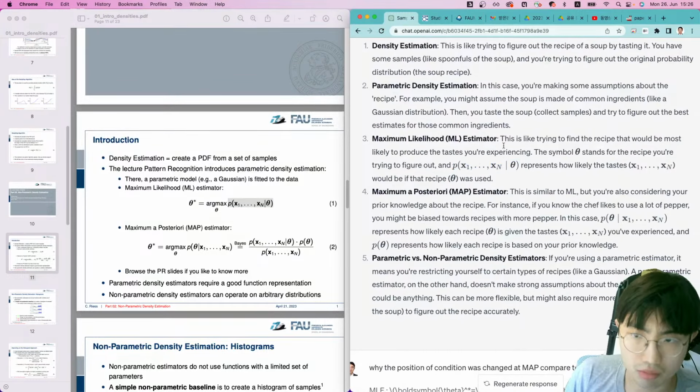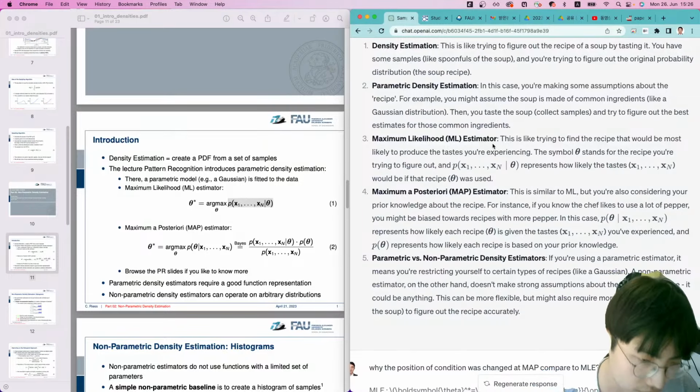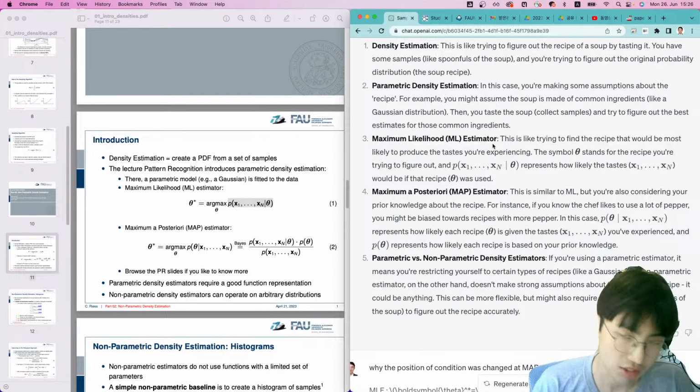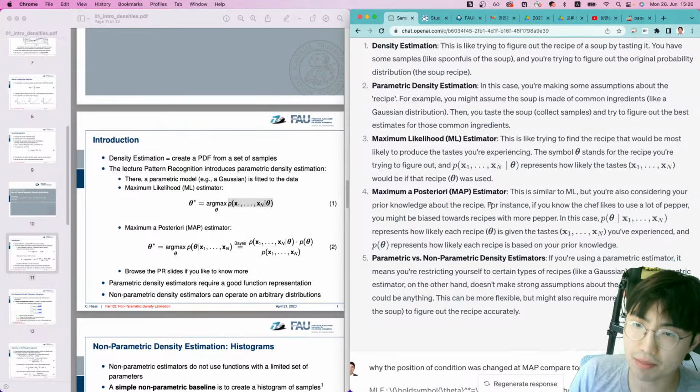Now we understand the maximum likelihood estimator. We assume the model, the recipe zeta, and we want to maximize the taste of the soup given the zeta recipe. But what is MAP, the maximum a posteriori estimator?